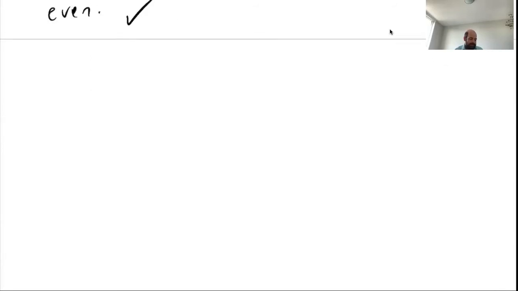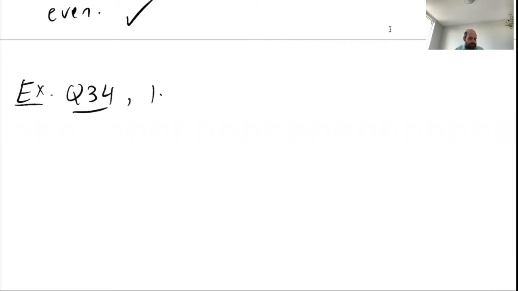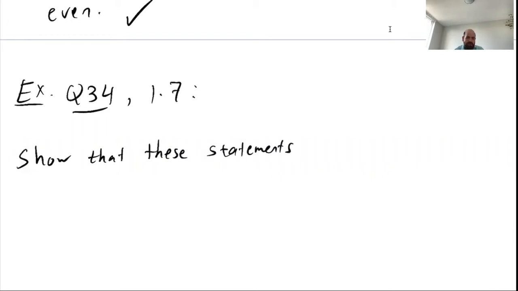Okay, so let's look at another example. This one is question 34, section 1.7. It says, show that these statements about the real number x are equivalent.